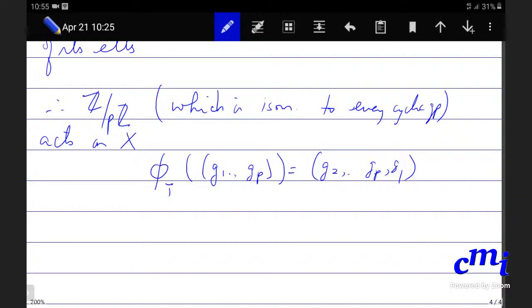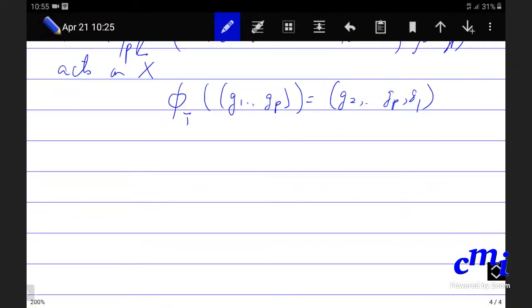So this is a group generated by 1 bar. Then 2 bar will be cyclic shift by 2, 3 bar will be cyclic shift by 3, and so on. So this is a group action. Please go through this to check that this is a group action.